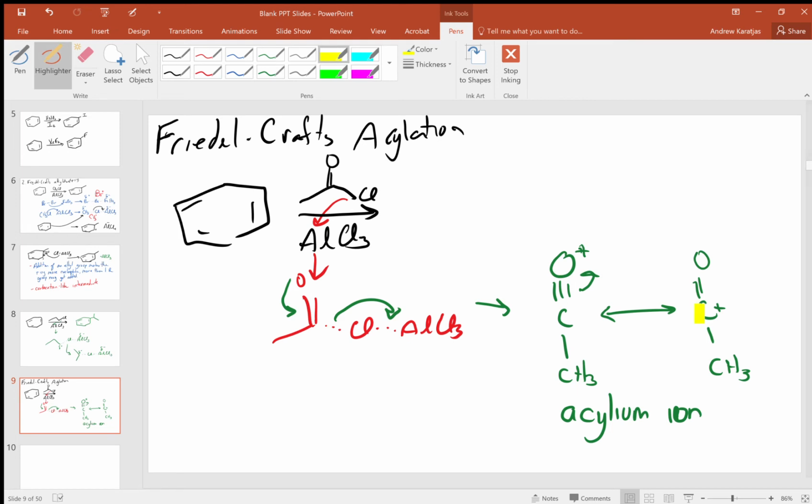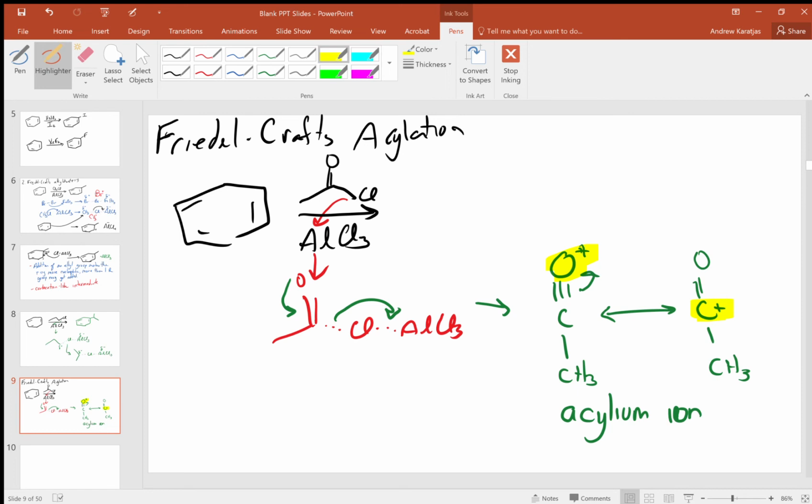Well, the acylium ion has the carbocation, but that positive charge can also be up on the oxygen. So in other words, that cation is now shared between the carbon and the oxygen. And so due to this resonance and the fact that that positive charge is shared between the two atoms, there's no rearrangement that takes place.